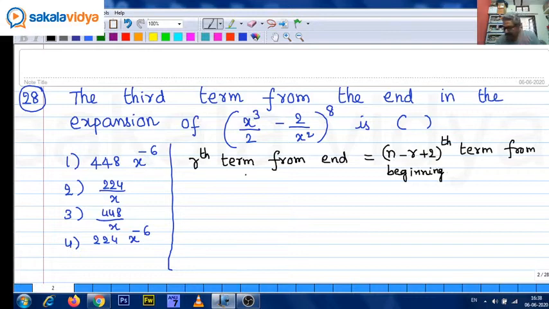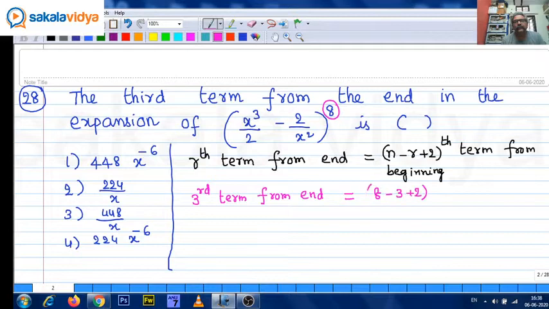First, remember, third term from end equals n means 8, minus 3 plus 2, the term equals, we can write seventh term.